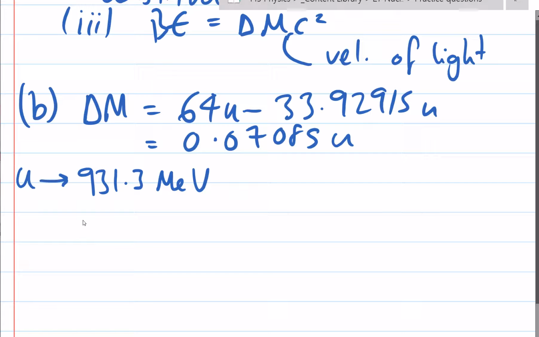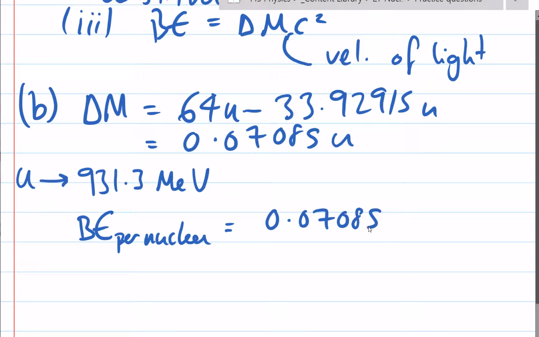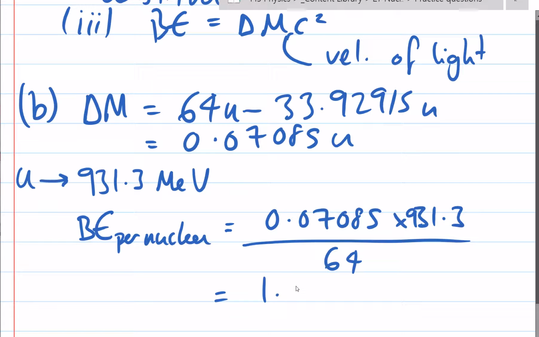So the binding energy per nucleon is 0.07085 times 931.3 divided by the total number of nucleons, which is 64, and that gives us 1.03 MeV per nucleon.